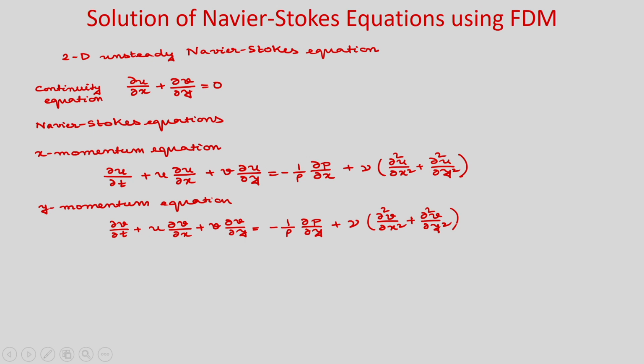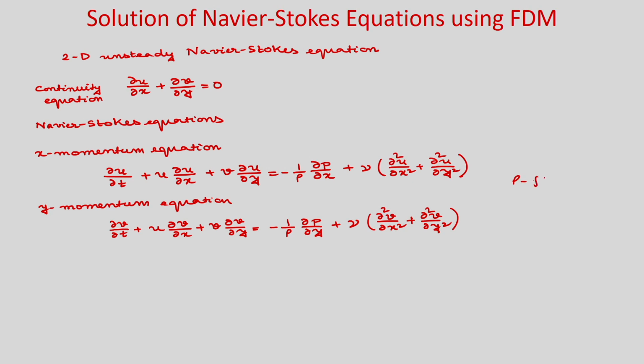So, in these equations u is the velocity in x direction, v is the velocity in y direction, rho is the density of the fluid, mu is the dynamic viscosity of the fluid, and nu, which is the kinematic viscosity, is defined as nu is equal to mu by rho.